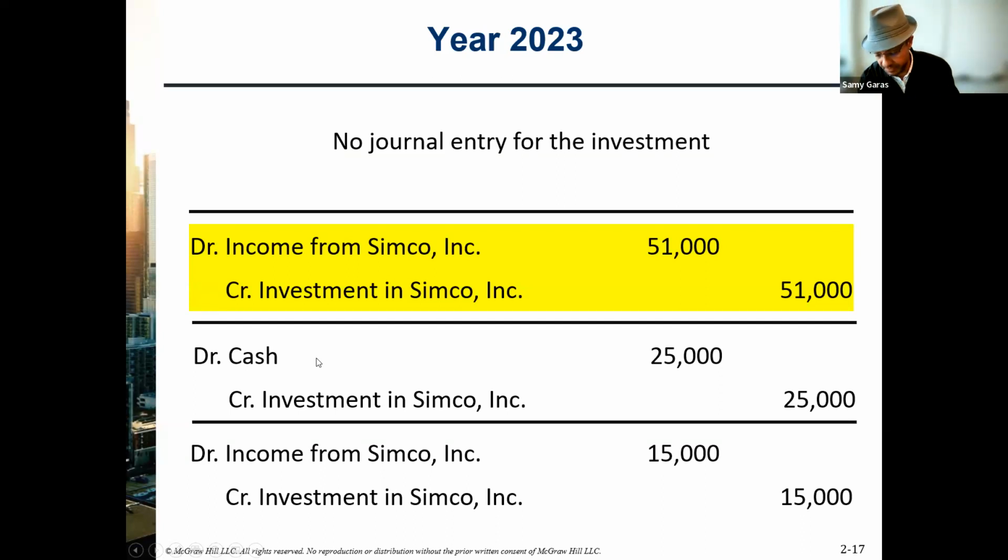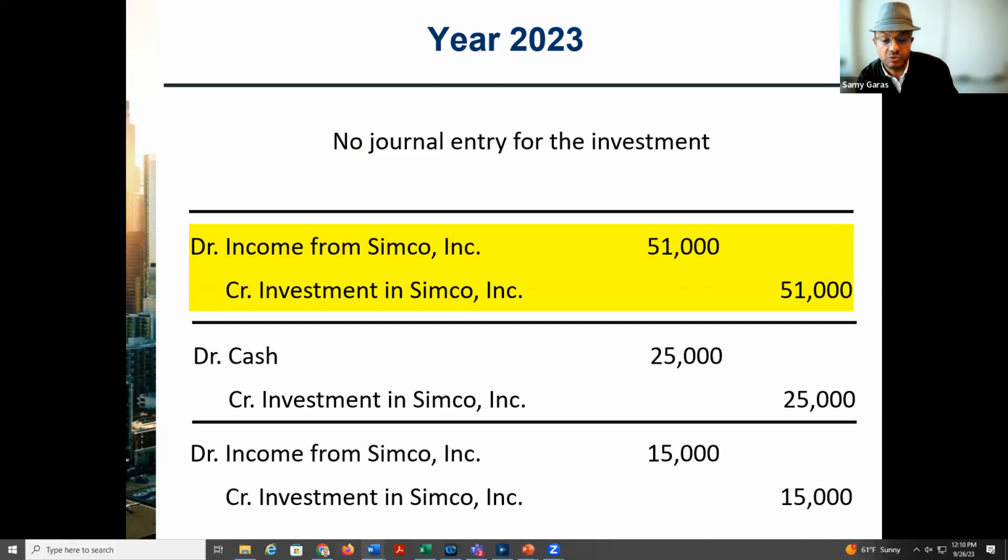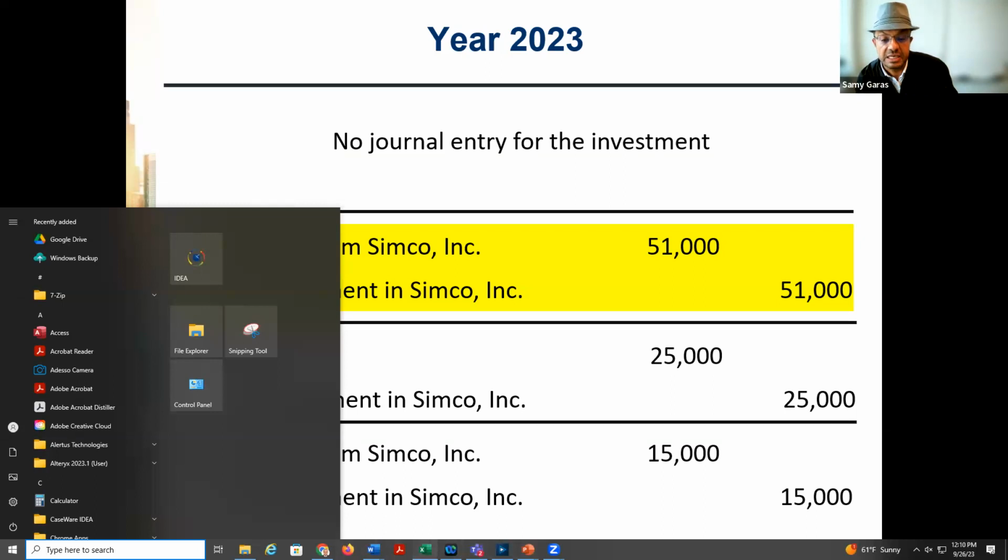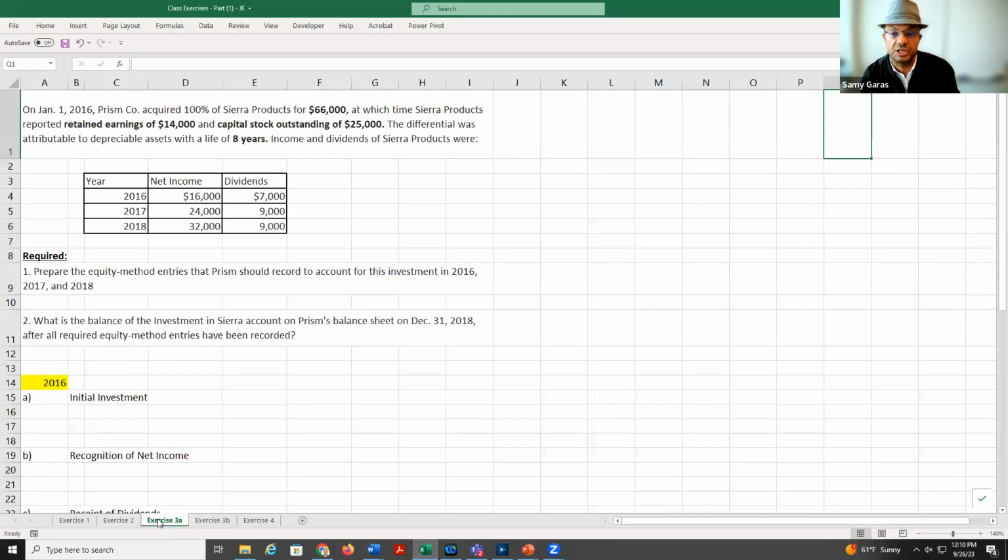Now let us go to the third exercise that talks about another issue, where the company here made a payment of 66,000. So here we put 66,000. But the subsidiary company has retained earnings of 14,000 and common stock of 25,000.